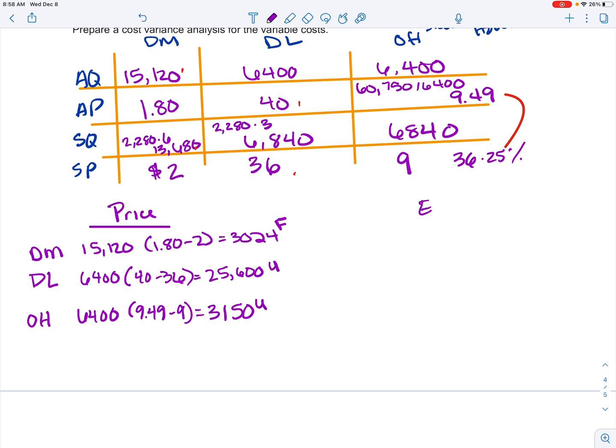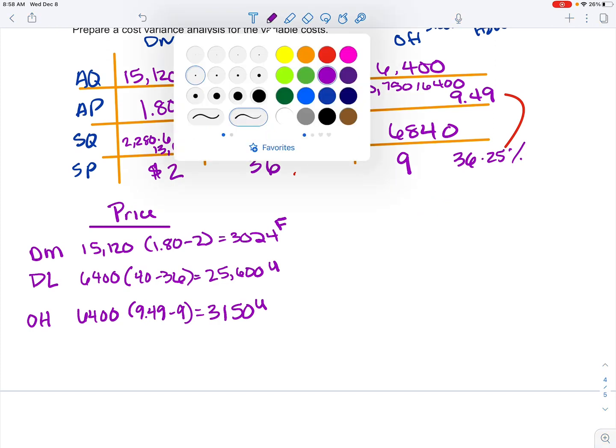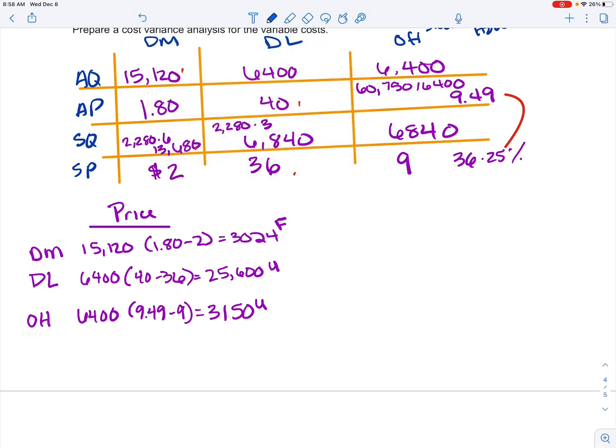Now let's do this in a different color so it stands out a little bit more. Let's figure out our efficiency variances.